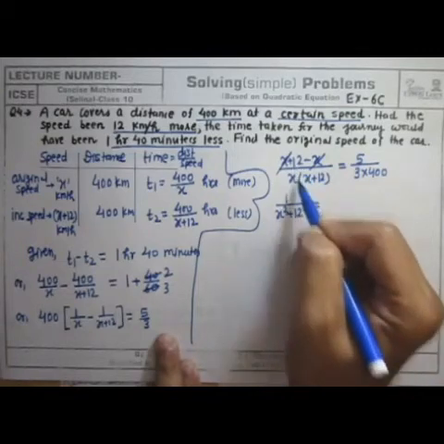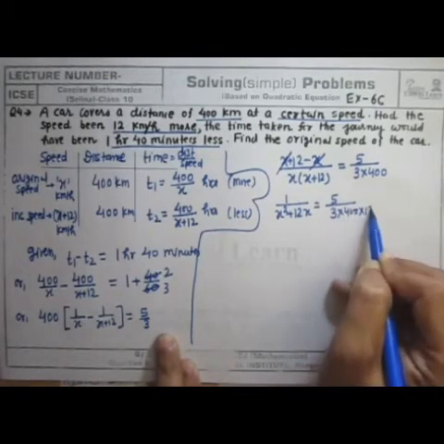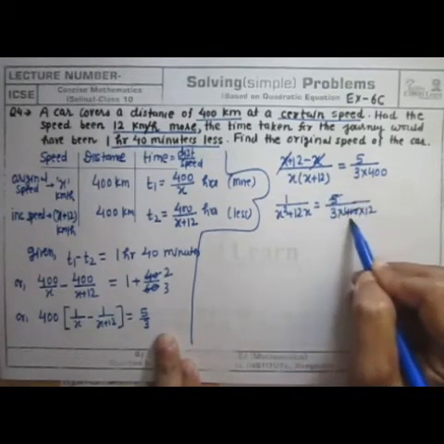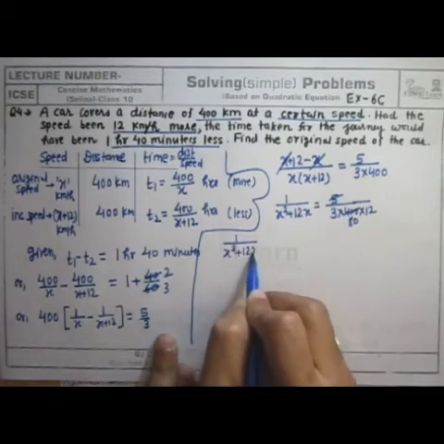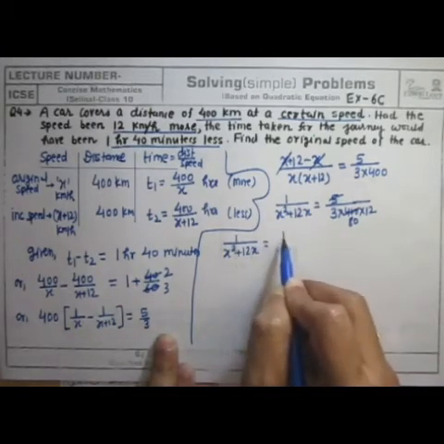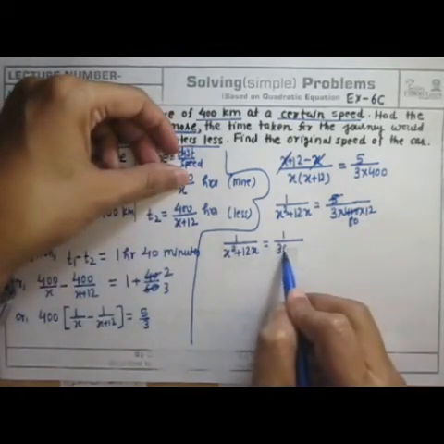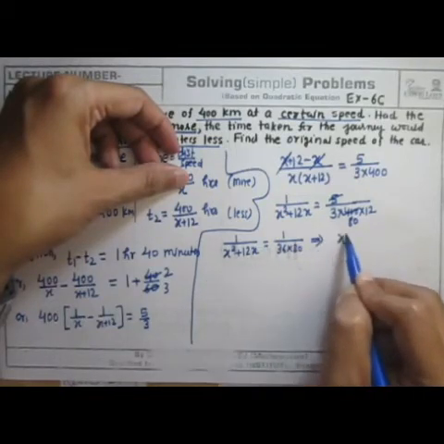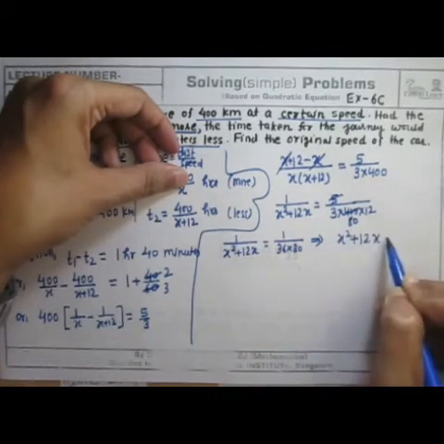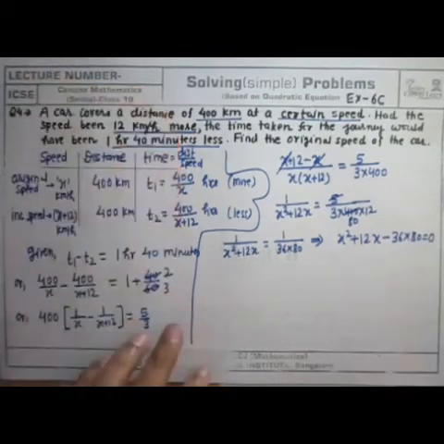Shift this 12 this side, so 5 by 3 into 400 into 12, so 5 and 80 cancel. So 1 by x square plus 12x is equal to 1 by 36 into 80. So the equation is x square plus 12x minus 36 into 80 is equal to 0.